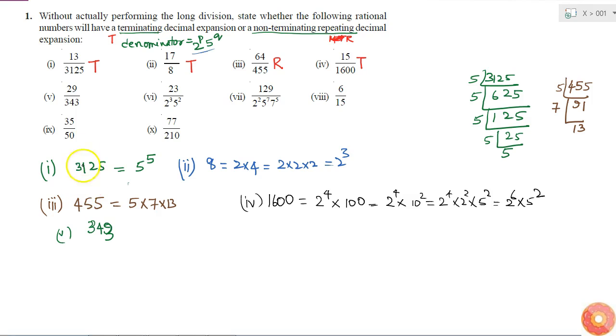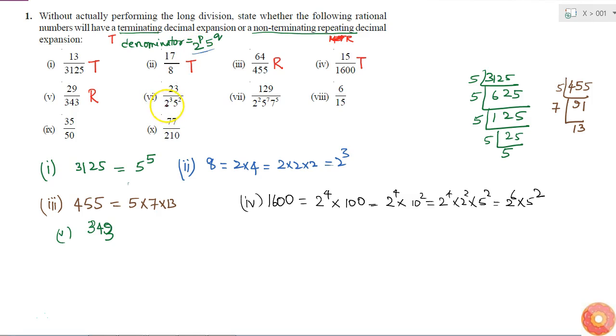Therefore, I can directly say that this has a non-terminating repeating decimal expansion. I need not even find the prime factors of 343. I can directly tell it because it doesn't have the factors 2 and 5. Therefore, it has other factors.